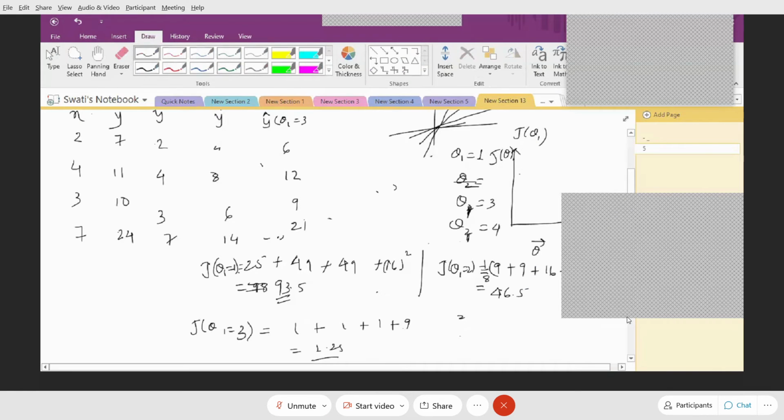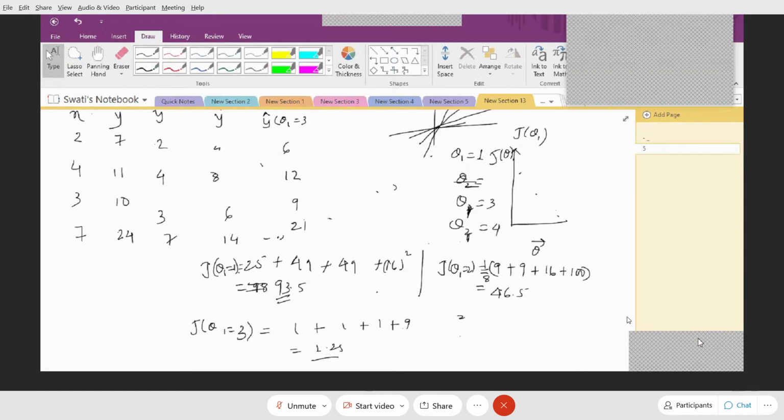When the value became 2, it got 46. When the value became 3, the value is really low, which is 1 point something. And the moment you increase it to 4, you will observe that the value will again go up, up and up. And hence the error goes like this.